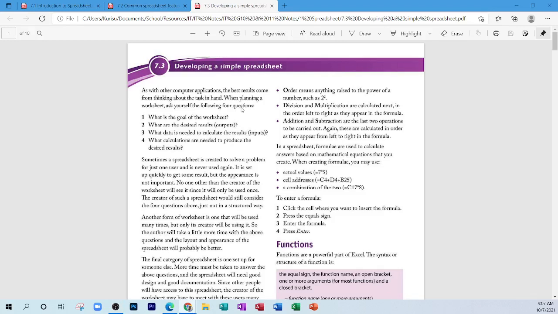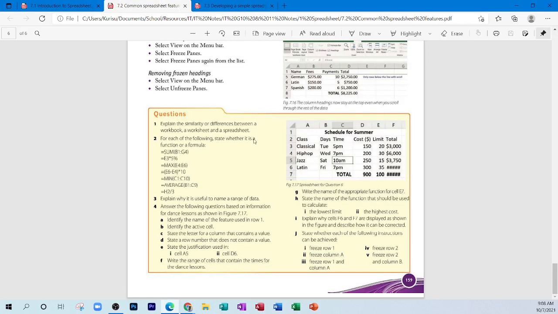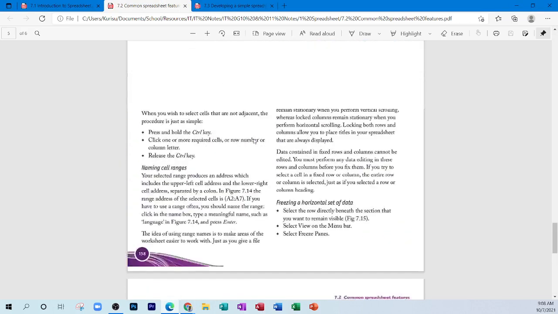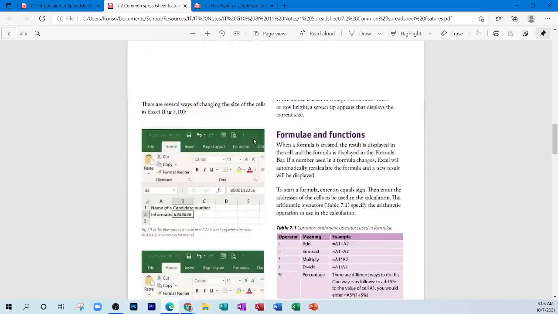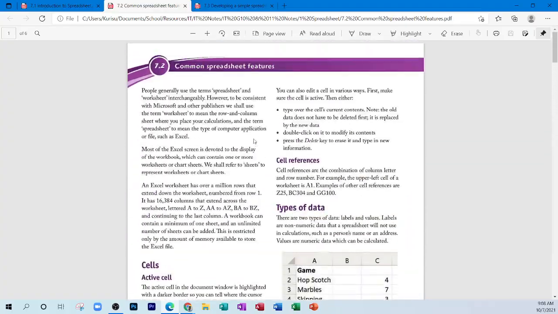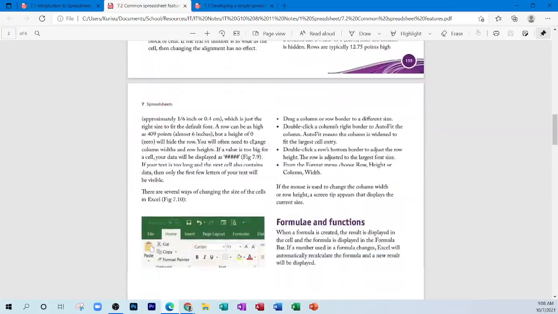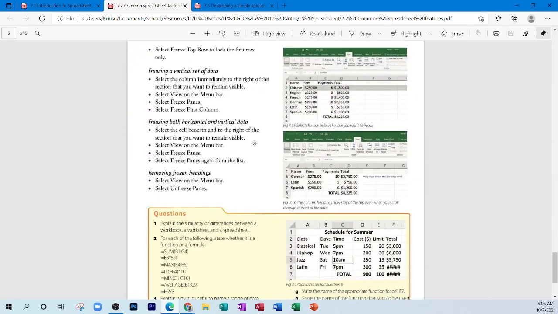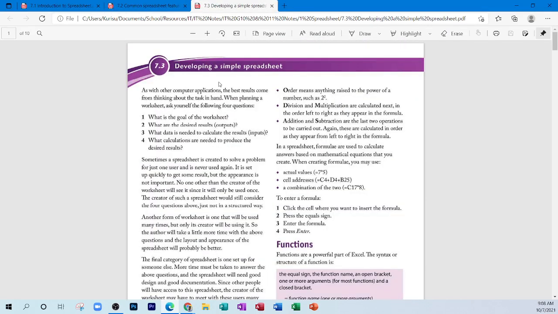So, today we're going to be starting chapter 7.3. Tuesday, we would have finished off 7.2 with covering all of these features within the past few classes. Today we're going to be looking at how we develop a spreadsheet.